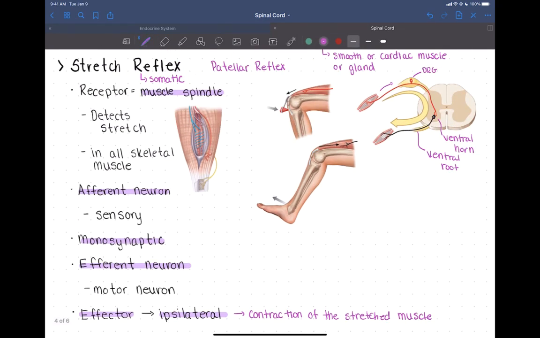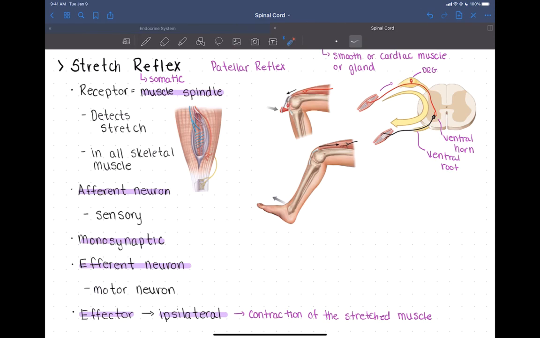With our patellar reflex, the way it works is, remember, you have your quadriceps muscle here, and it's connected to the tibia by this tendon. That tendon contains the patella right here. What the doctor does is have you sit with your leg dangling over the edge of a table, and he'll hit the tendon right here.